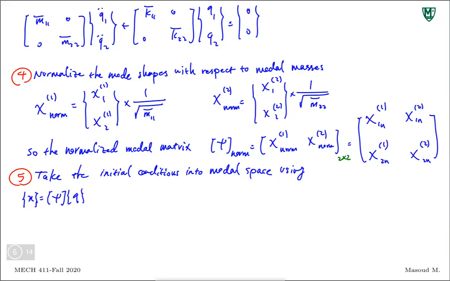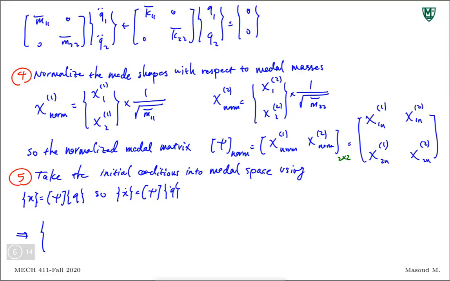Now q, if we follow those steps, x dot also becomes psi q dot. Initial conditions, what are they? They are x at the beginning, x1 at the beginning and x2 at the beginning.